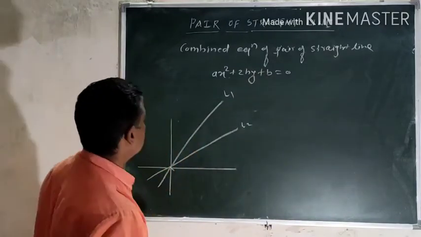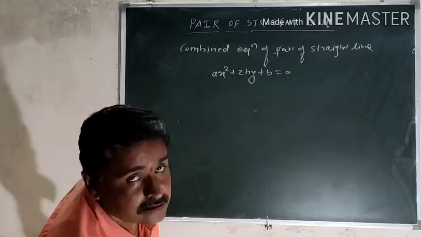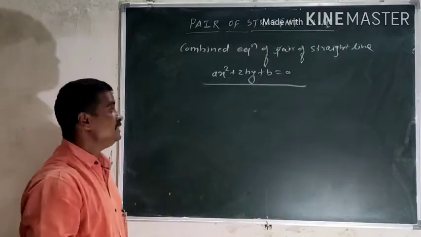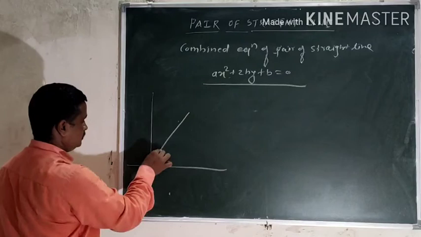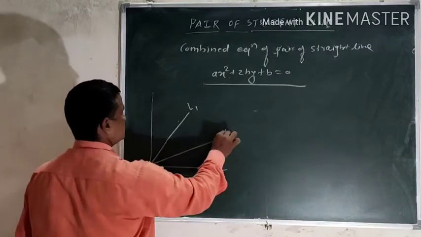It is the combined equation of a pair of straight lines which pass through the origin. If we draw the graph of these two lines, it is like this.